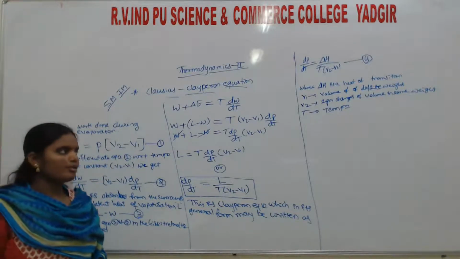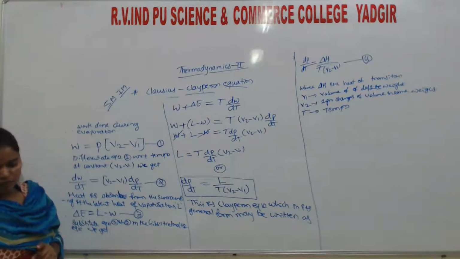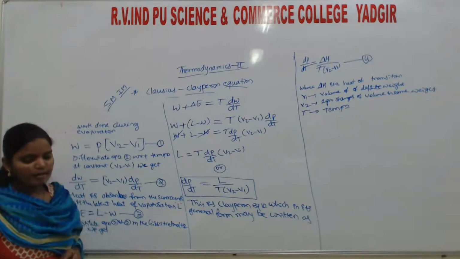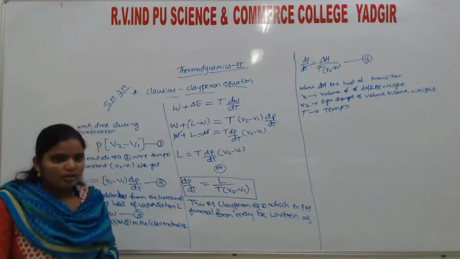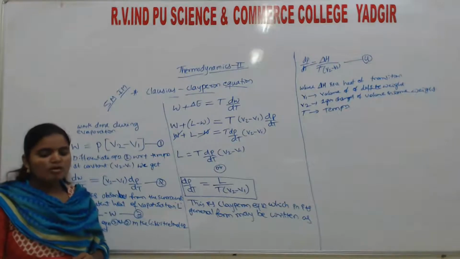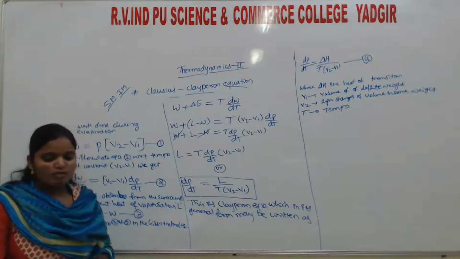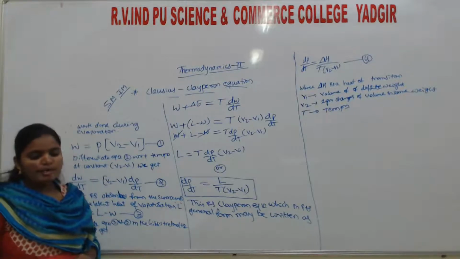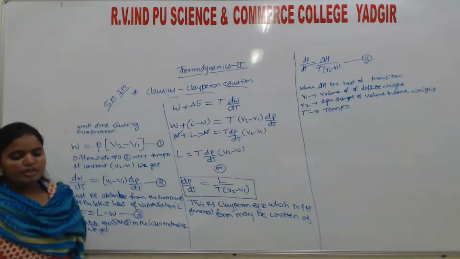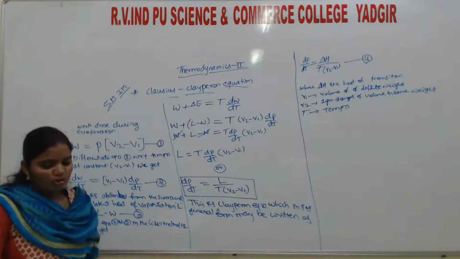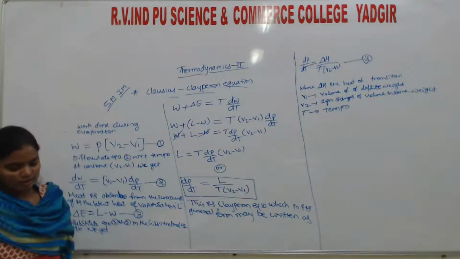It can be simplified. The above equation, that is equation number 4, can be simplified by neglecting the small volume of the liquid in comparison with the volume of the vapor.